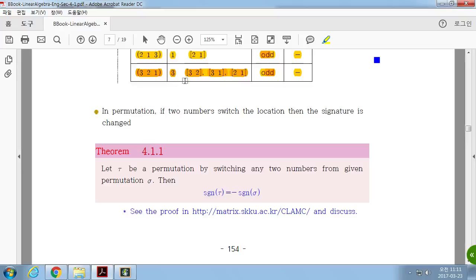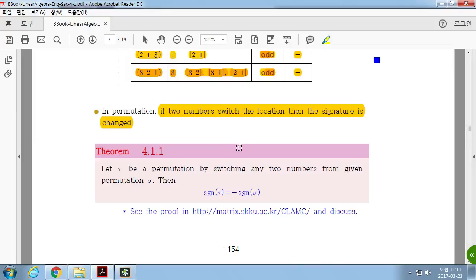In a permutation, if 2 numbers switch location, then the signature is changed. If 2 numbers switch in one permutation, then the number of inversions changes, and it always changes by an odd number.